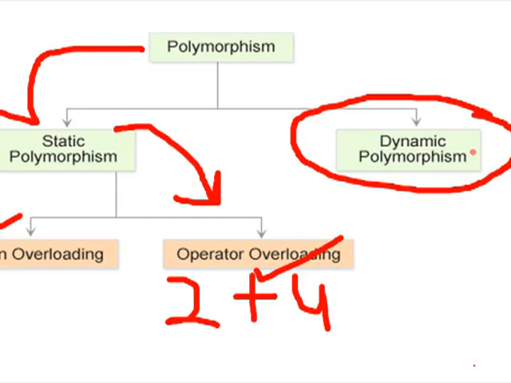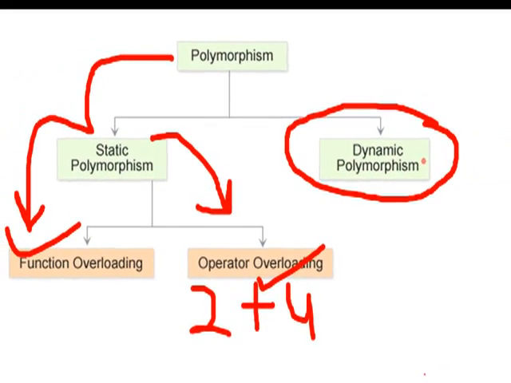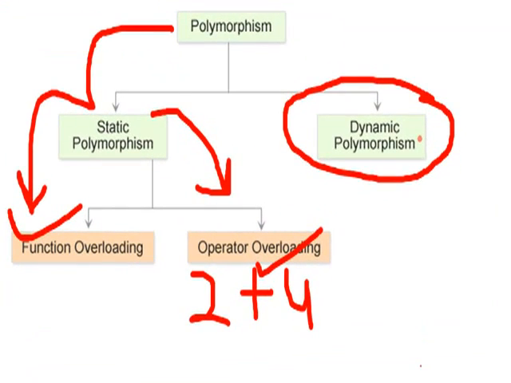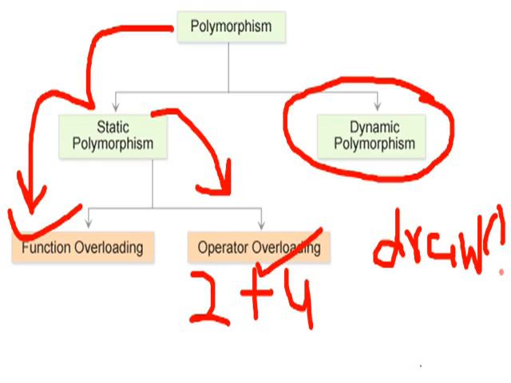For example, we have a draw function, same name draw function, but it can draw me a triangle, a rectangle, a circle, etc. But I don't know in advance at compile time which function to bind with this draw function, because this draw can draw the triangle, this draw can draw the circle. So which function? I don't know, because it is up to the user.